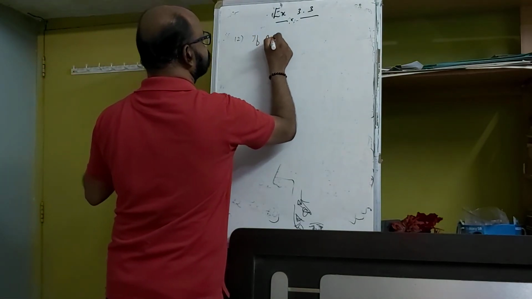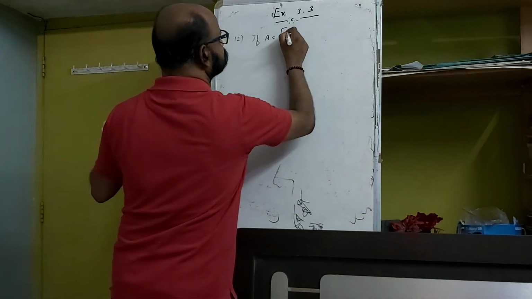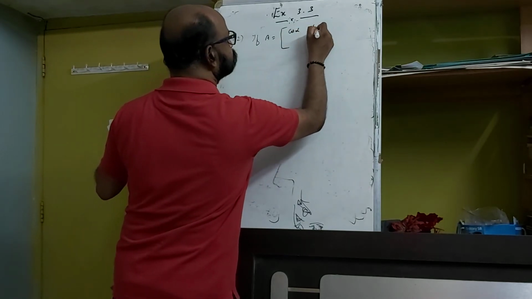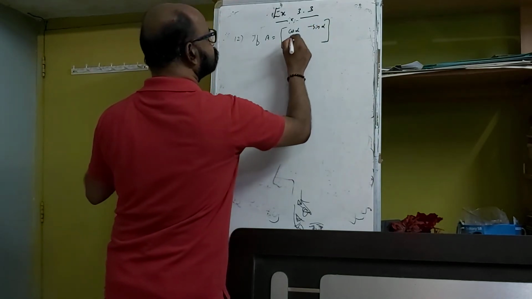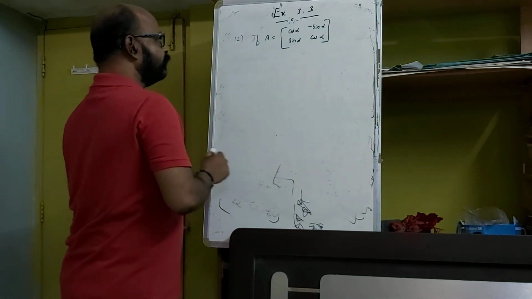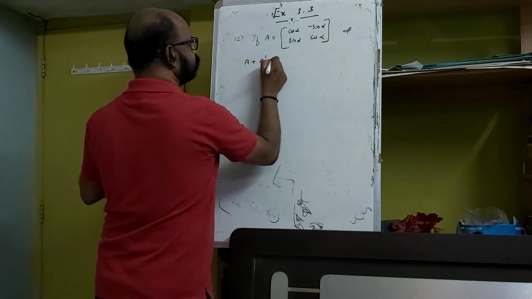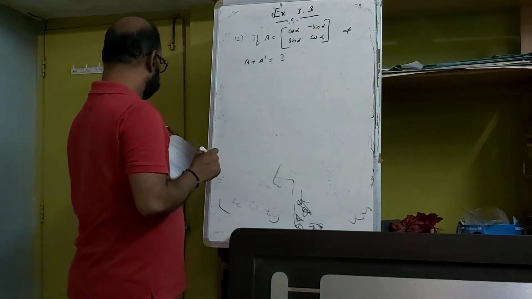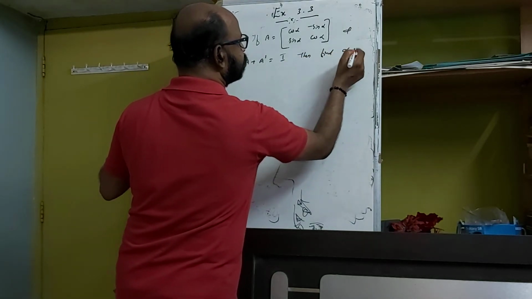If A equal to matrix cos alpha, minus sin alpha, cos alpha, okay, and A plus A transpose is equal to identity matrix I, then find alpha.